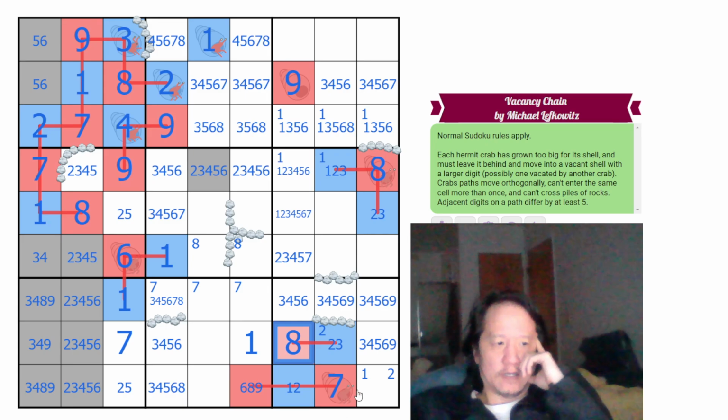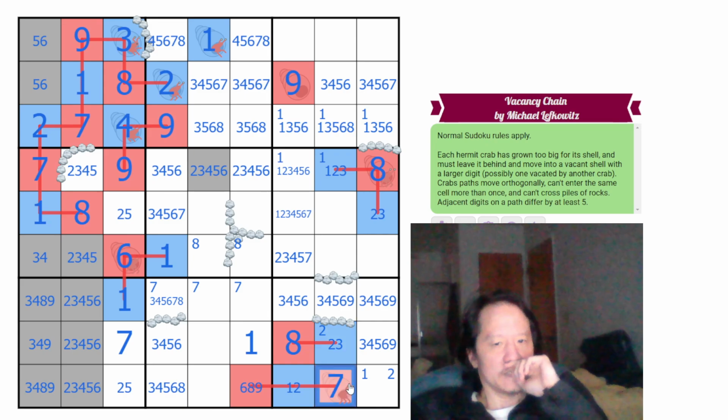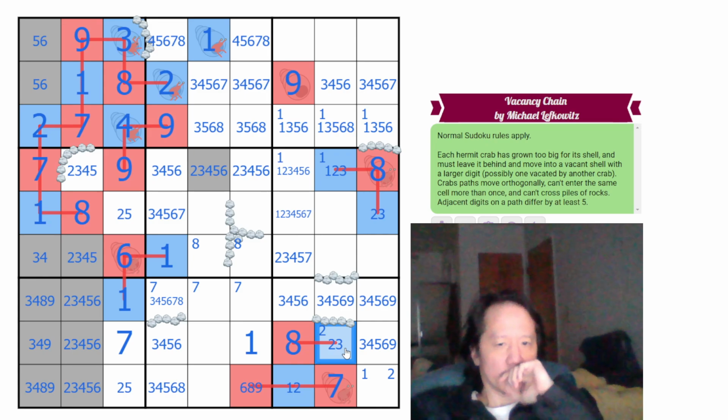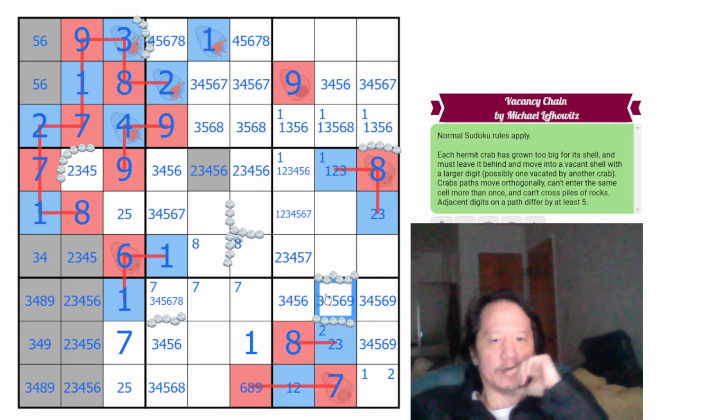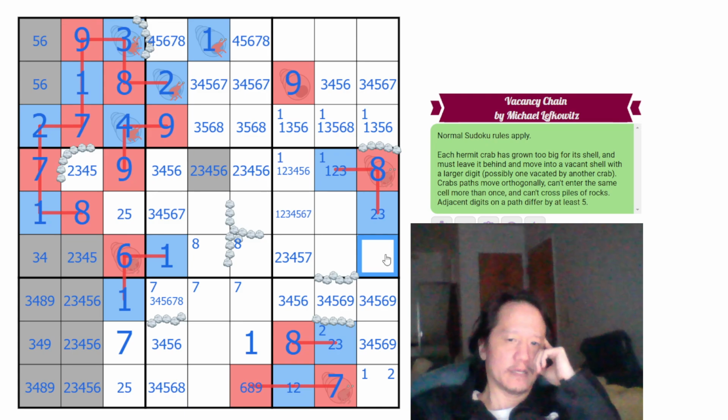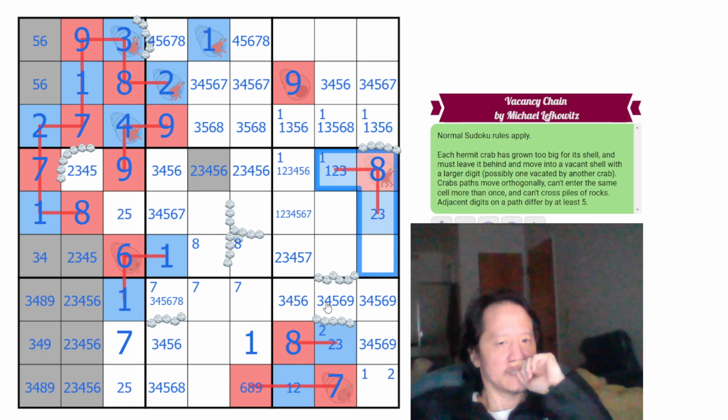Because this 8 cannot be 7 or 9. Can't be 6, obviously, because it's next to a 2 or 3. It still could be 1, 7, 2, 8, 3, 9, 4, which would make that 9. Which is fine going that way.